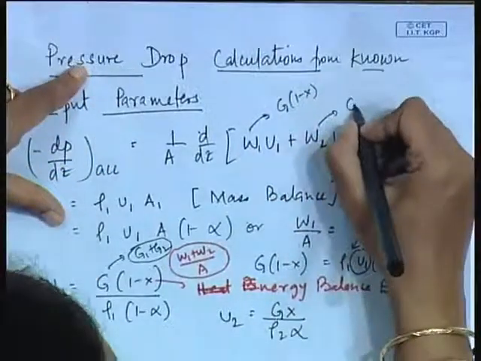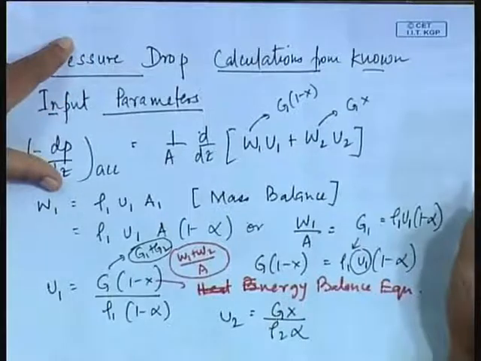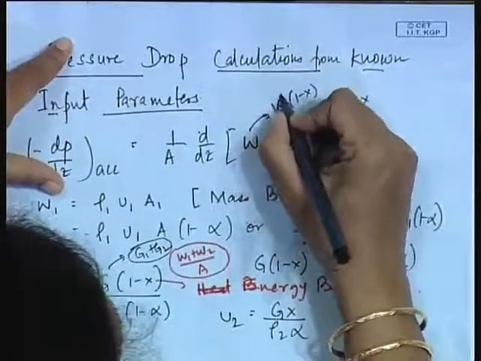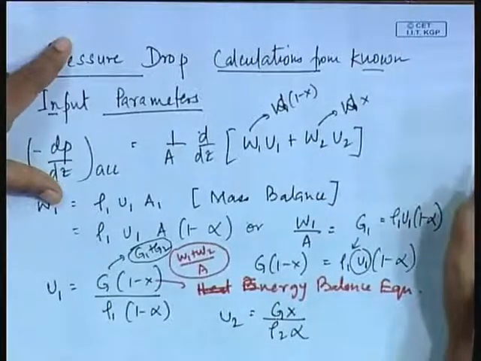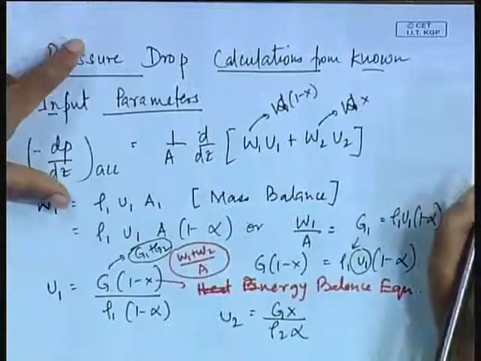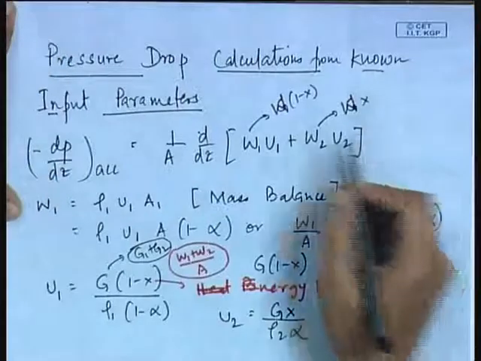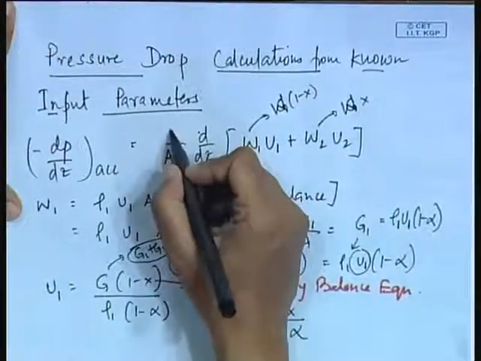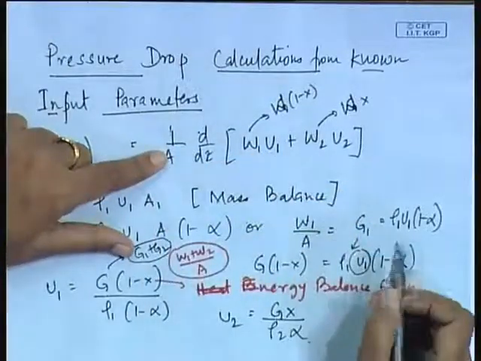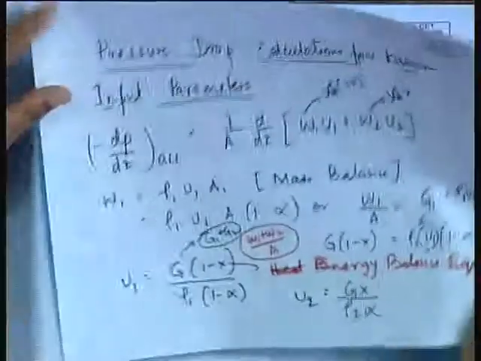This can be written down as W into x, very sorry, agreed, yes or no? If that can be done, this W can be taken out, and we can get W by A, which is nothing but G, fine. So, let us do this and see what we get.